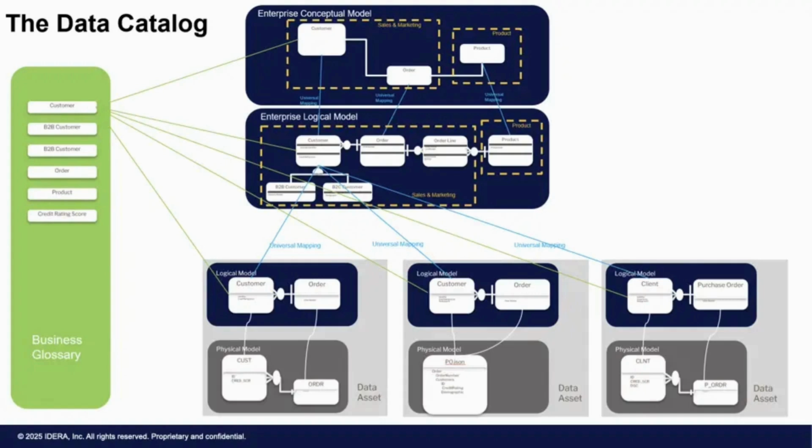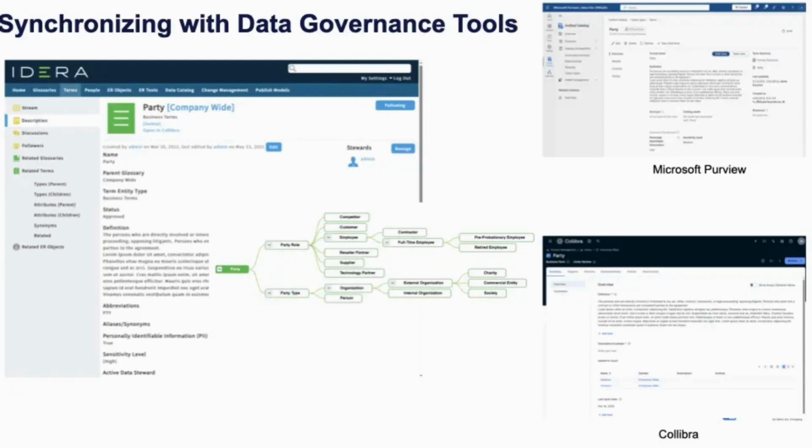We can help you map those business terms to the designs of all of those data assets that we've been creating and create that data catalog. So now, as we're trying to find data to feed our data warehouse, we've got a beautiful map of it. If our Snowflake warehouse requires a star schema with customer data, then great. Where is the customer data at source? And this gives us a map of all of those data assets.